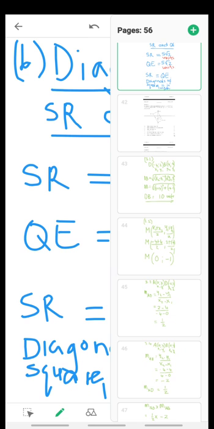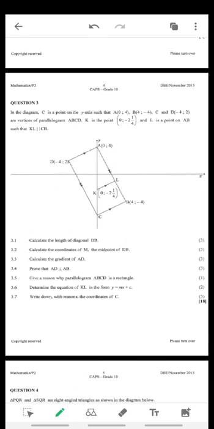All right. Now, let us look at the last exam question from GBE November 2015, paper 2. That was question 3, and the total marks were 18 marks. In the diagram, C is a point on the y-axis such that A, B, C, and D are vertices, corners, of parallelogram ABCD.